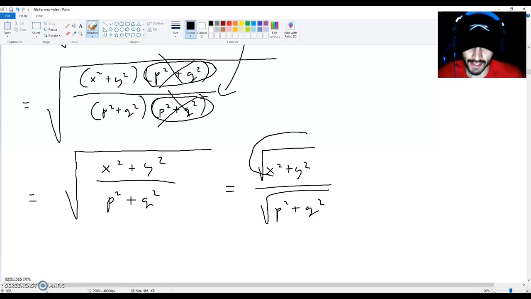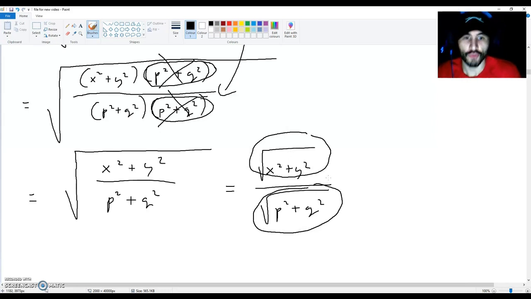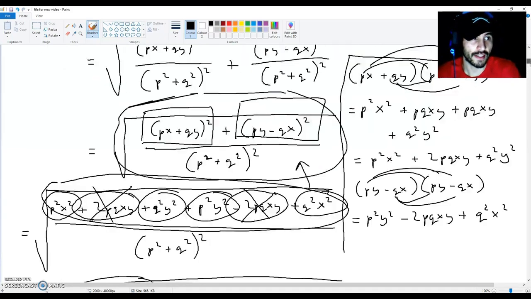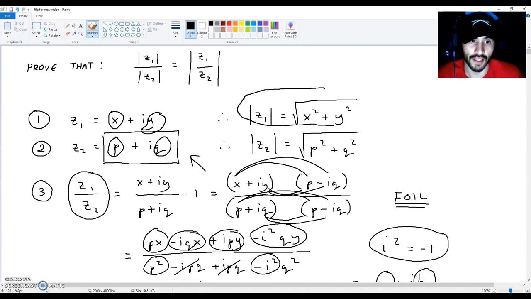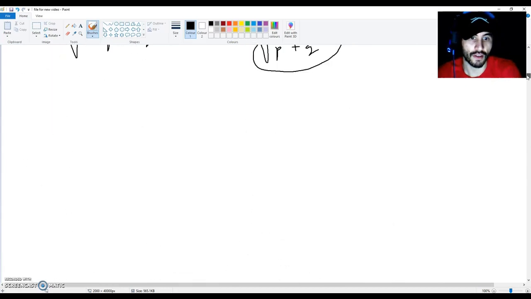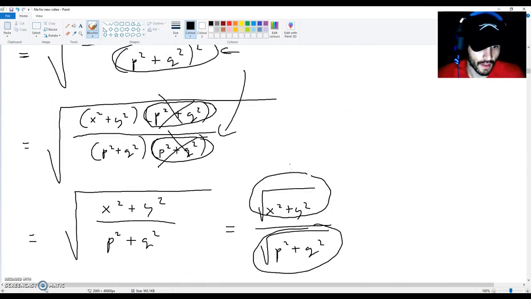Now, what is this? And what is this? Root of x squared plus y squared, according to the rules we set out at the beginning of this video, is the modulus of Z1. So at the top of this fraction, we have the modulus, or the magnitude, of Z1, and this is going to be over this over here.